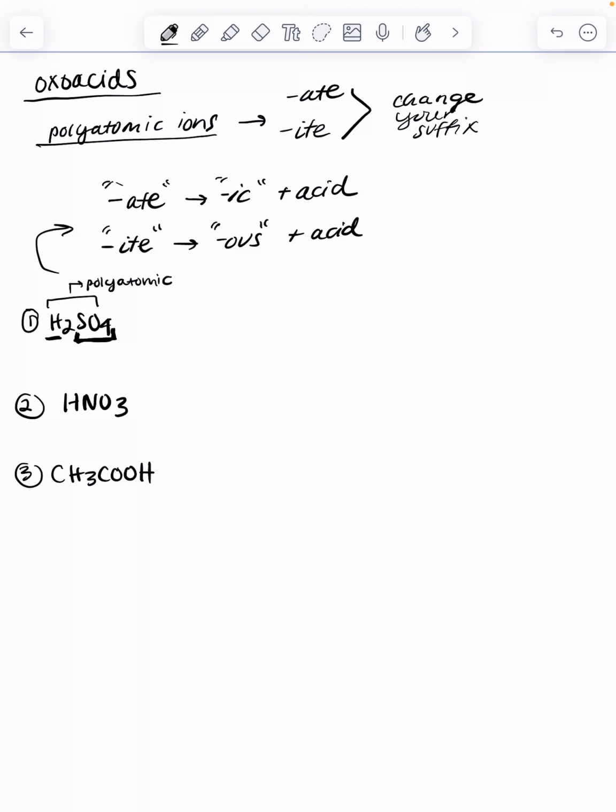So pull it out. I know that H2 is going to be our cation over here, and so I have to figure out SO4. What is that, right? I know I'm going to have a 2- charge, and if I recognize this, this is a sulfate ion, and it's negative, so it's an anion, right? So to name this, I'm just going to take that ate in sulfate and change it to ic.